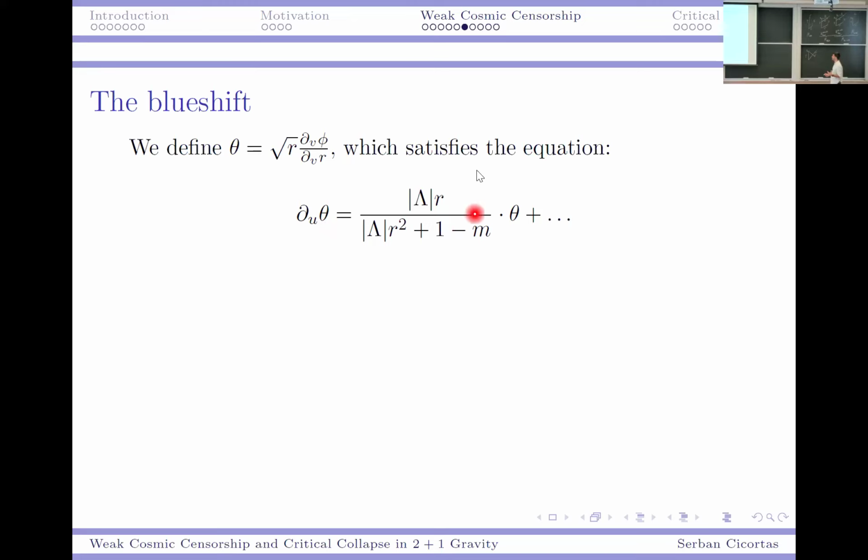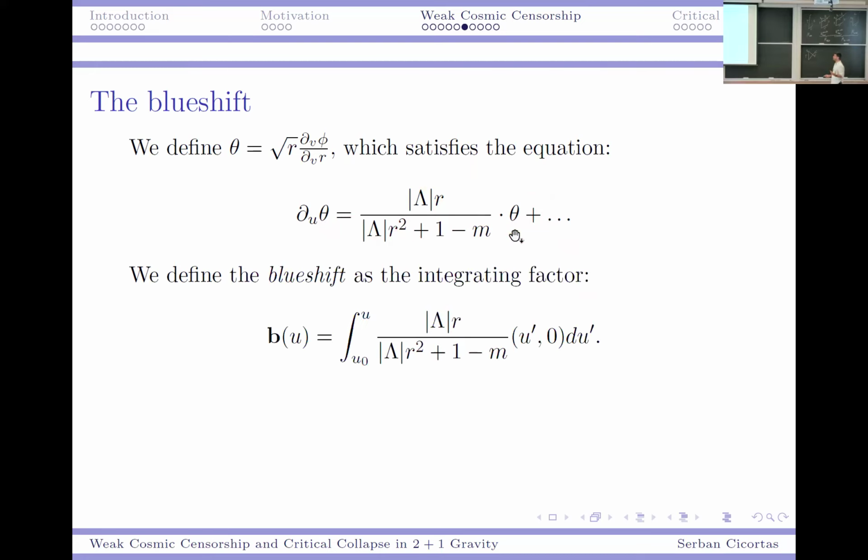In this equation, I have a first order term which multiplies theta, and the other terms I'm not writing because in the regime that I'm working in, they will always lead to error terms. The key point is that the most important things happen exactly due to this term, and the blue shift is just the integrating factor in this equation. It's that simple. I'm only writing this quantity on C0 minus, where it's defined as the integrating factor.